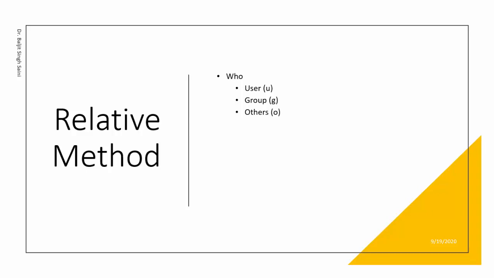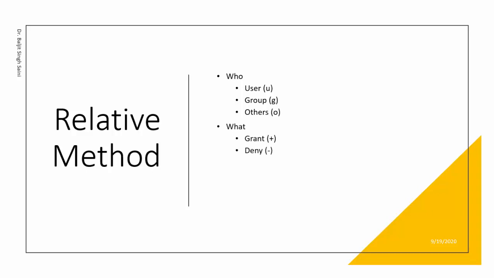The group is the group to which the user belongs. So whatever will be the permissions for the group members of that particular group. And last is others. Other means all those apart from the owner and the group members to which the user belongs. So first thing you need to tell is who are you going to change the permission for.